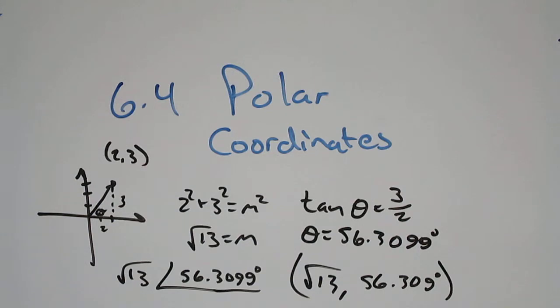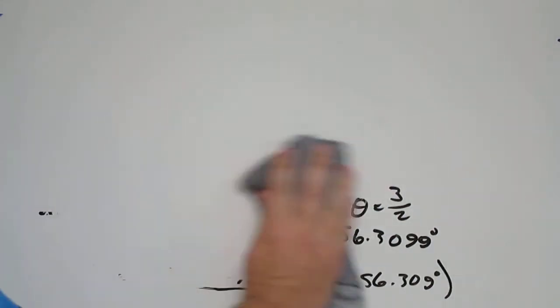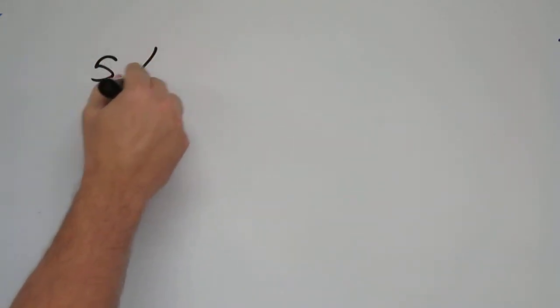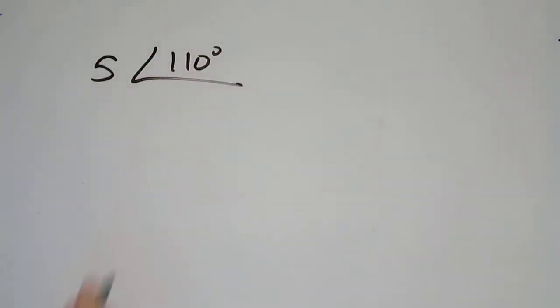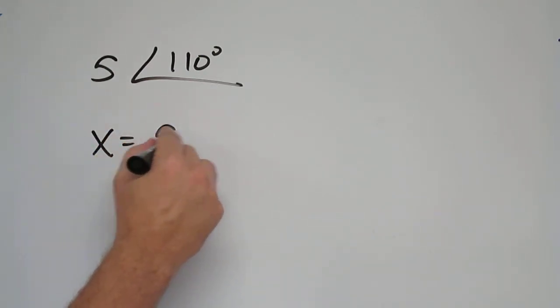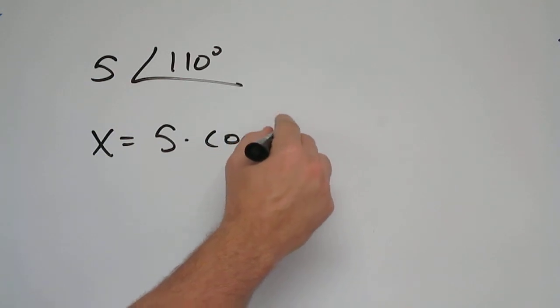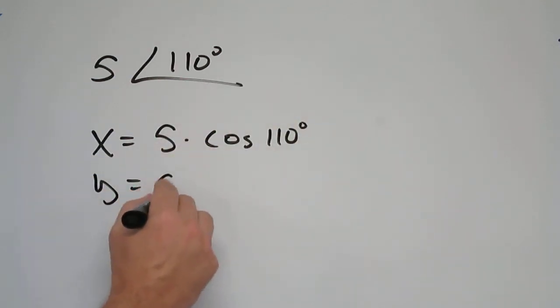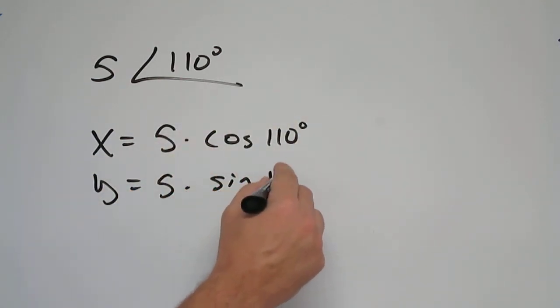That's one of the reasons I don't like the pre-calc book and how it represents things as well. But of course, there's going to need to be the opportunity to go both from rectangular to polar and from polar to rectangular. So if I say the polar coordinates are 5 and I'm going 110 degrees, it's very easy to find x by doing 5 times the cosine of 110 degrees, and y is 5 times the sine of 110 degrees.